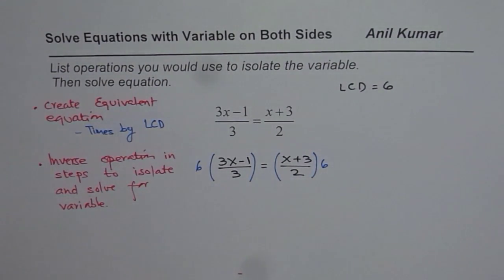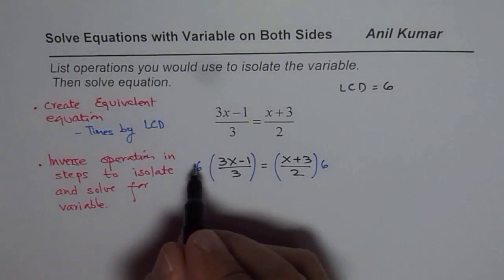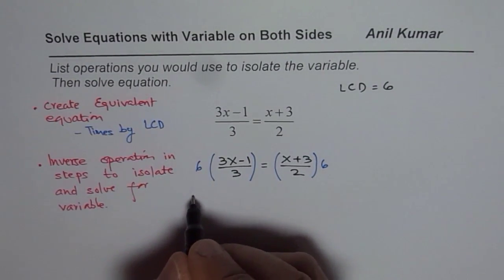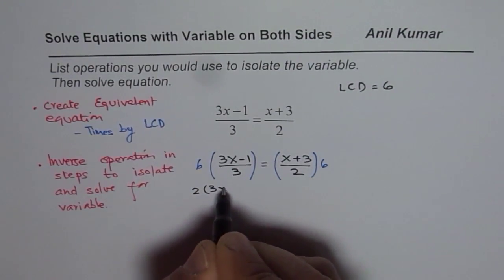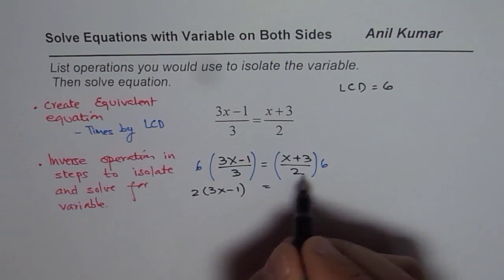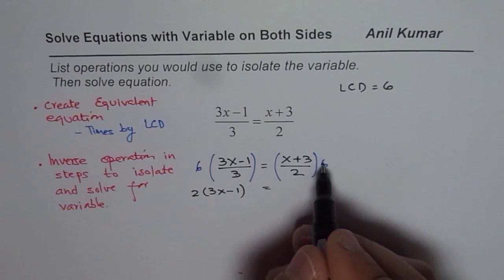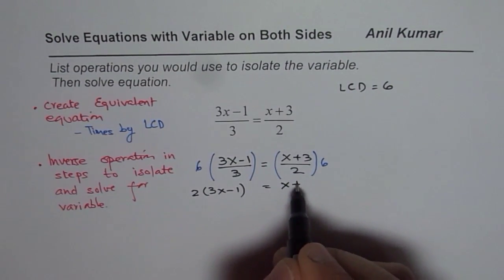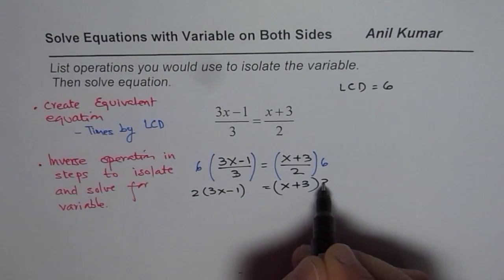Multiplying by 6 effectively multiplies the left side by 2, so you get 2 times (3x minus 1), since 6 divided by 3 is 2. And the right side by 3, since 6 divided by 2 is 3, so we can write this as (x plus 3) times 3.